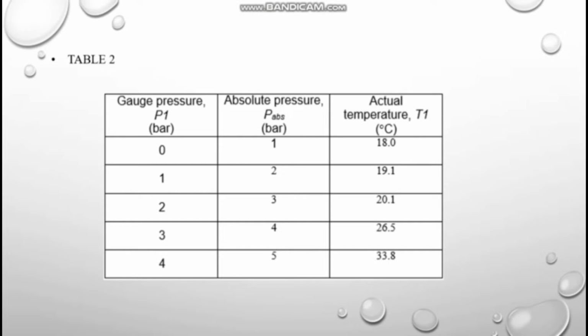When the gauge pressure is 2 and absolute pressure is 3, we got 20.1 degrees Celsius. When the gauge pressure is 3 and absolute pressure is 4, we got 26.5 degrees Celsius. Finally, when the gauge pressure is 4 and the absolute pressure is 5, we got 33.8 degrees Celsius.